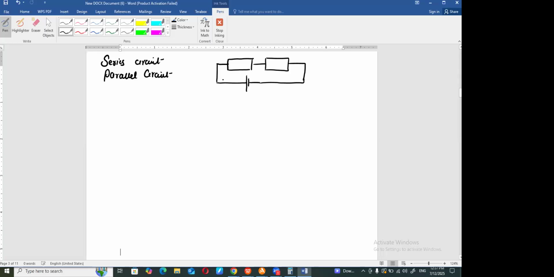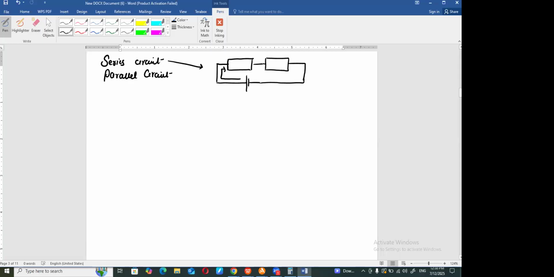What exactly is happening? This is a battery, the current comes from here, and once it reaches this point, it has only one path. So in a series circuit, the current must have just one path. It has to pass through this resistance, then it can pass through the second.